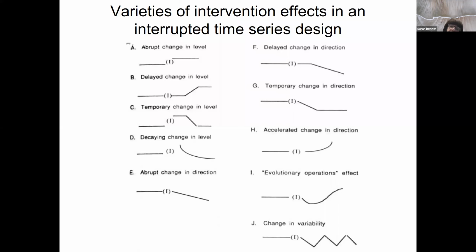Actually, example D could be considered a decaying change in level, depending on how things move forward in the future, which we can't see, which is that at first at the intervention, you have a big change, but it wears off. And there are various other kinds of patterns that you could get. But again, this is all a kind of pattern matching.